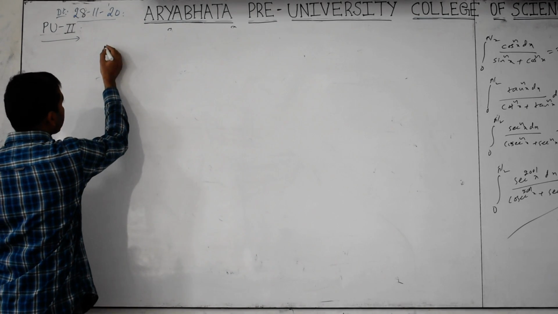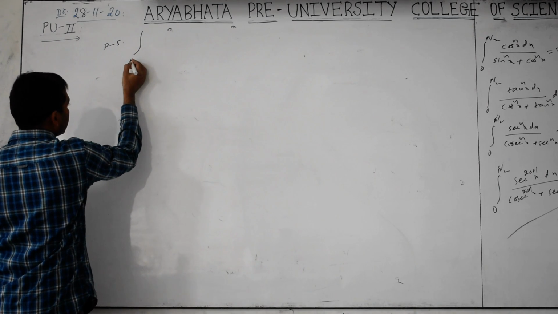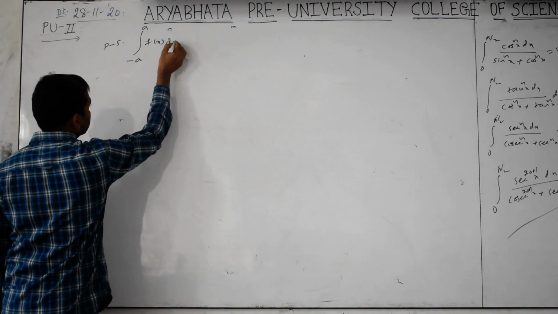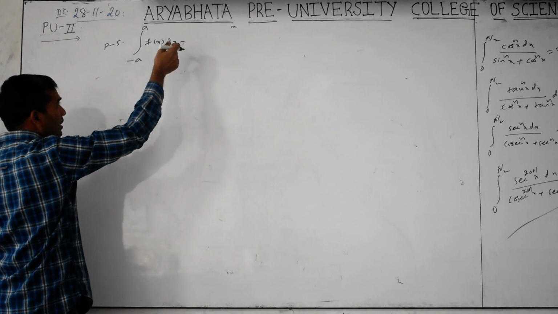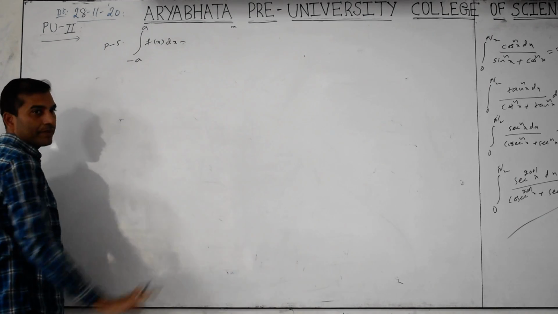Next, property 5: integration from minus a to a of f of x dx. In that there are two properties, so I am going to write both together as one property.